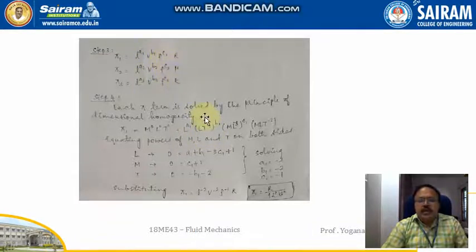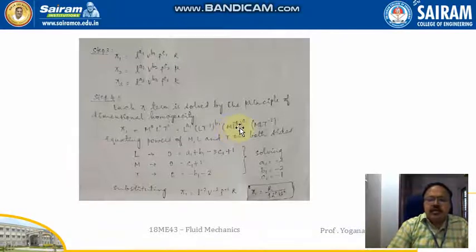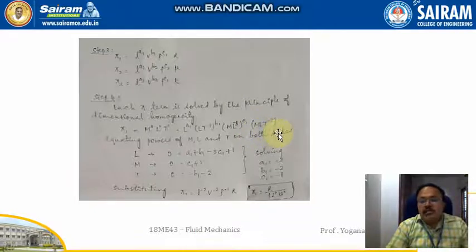Then density is mass by volume. Mass is M, volume is L cube, so it is M by L cube, written as M L to the power of minus 3, to the power of C1. And R is the resisting force. Force is given by F equal to M into A, mass written as M, acceleration L T to the power of minus 2.